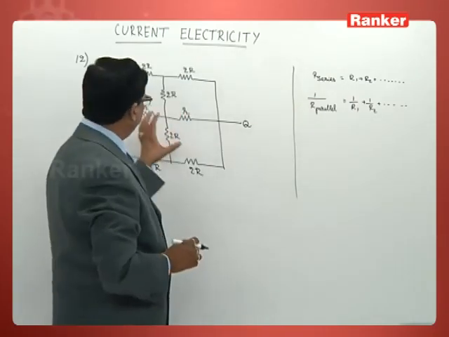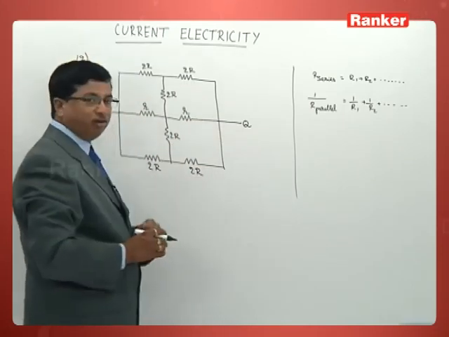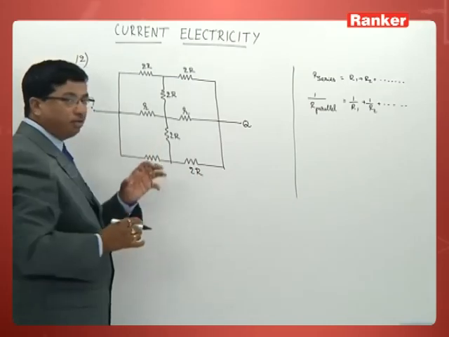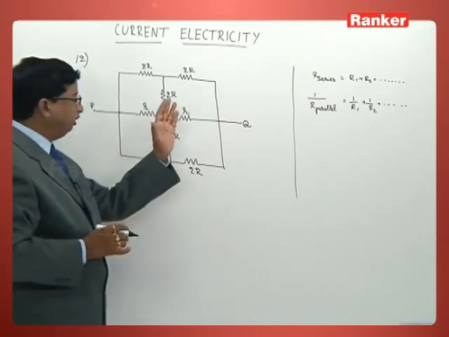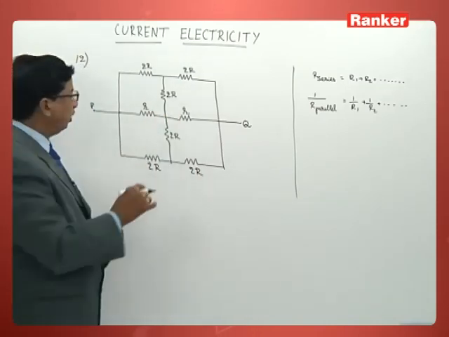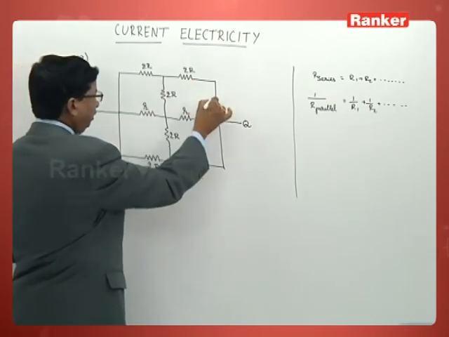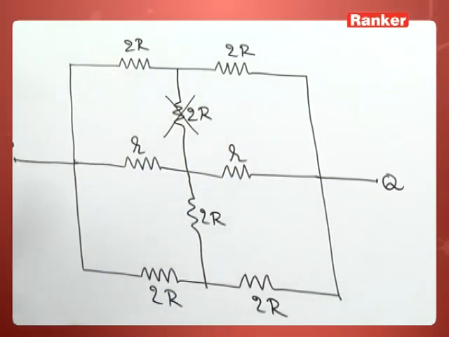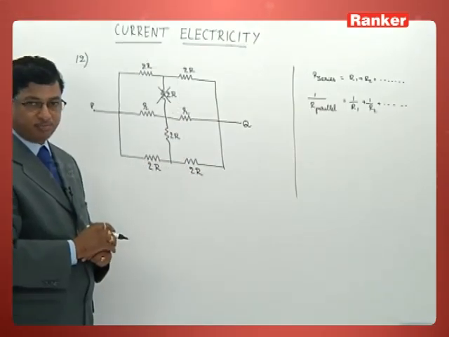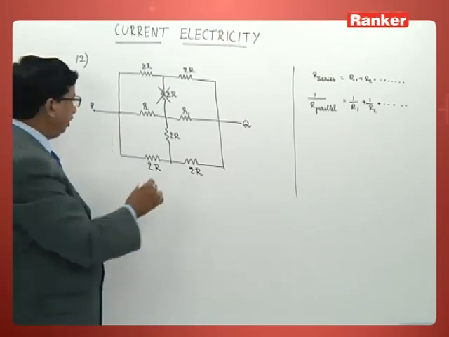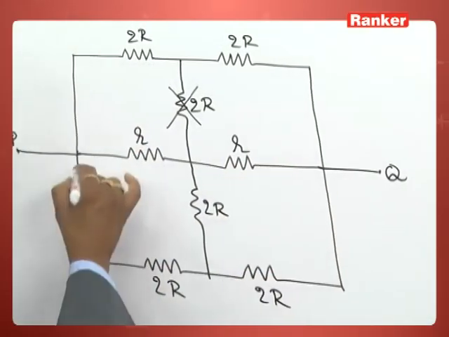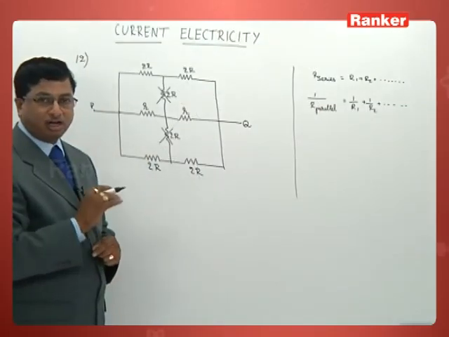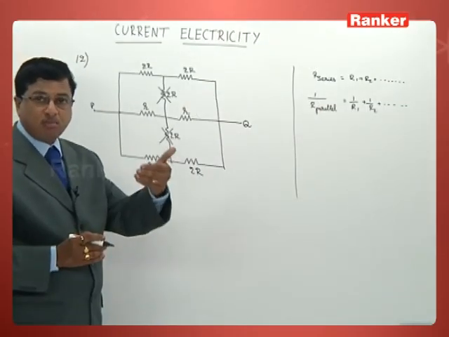But here, if you just look at this circuit carefully, this total circuit is now resembling the part of a Wheatstone bridge. So what you find in this particular portion is that this 2R does not carry any current. Exactly in the same manner, in this particular portion, this 2R also does not carry any current. What is the reason behind it?